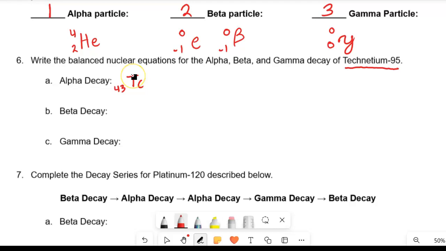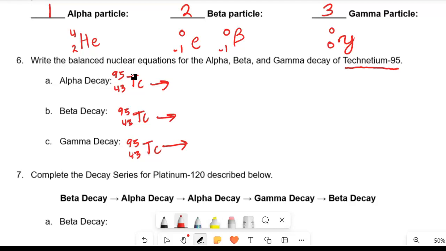And we already know it has a mass number of 95 because the problem told us. So we're going to start off the same way each time, and we're going to see what happens to this technetium after it undergoes the different types of decay.